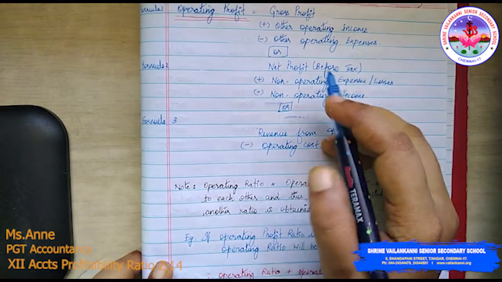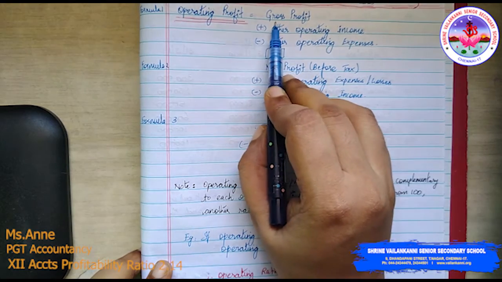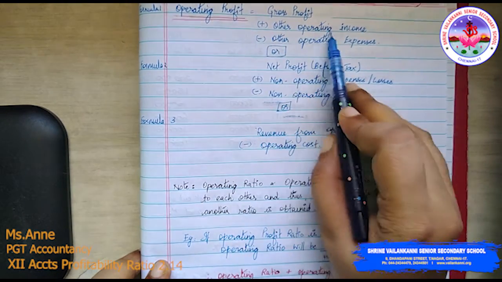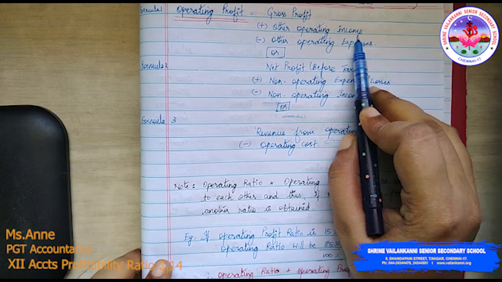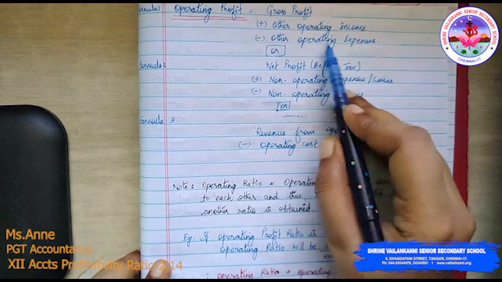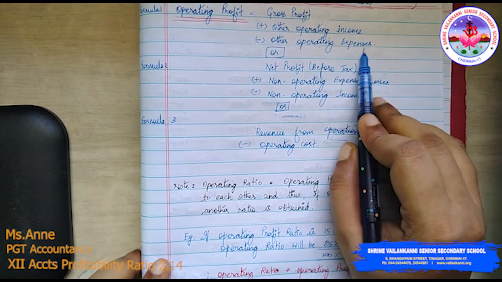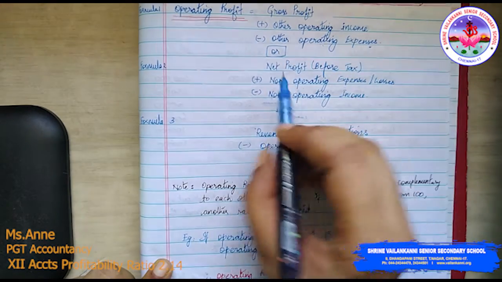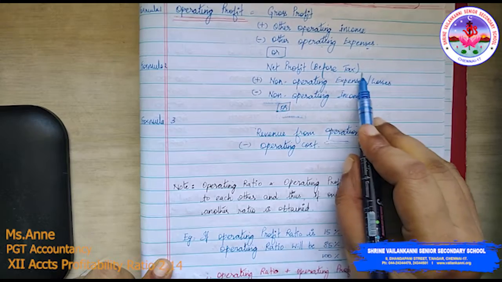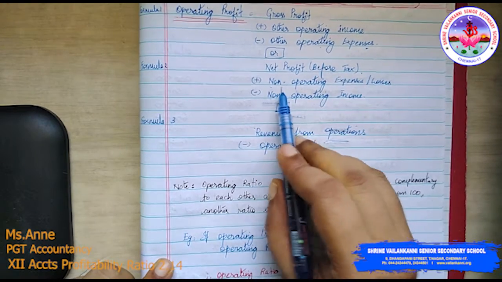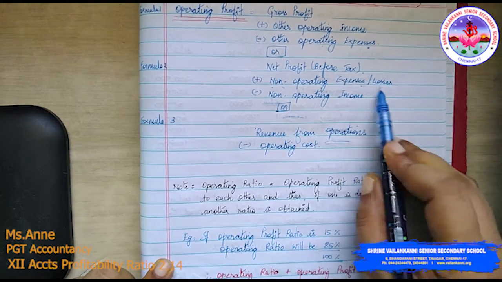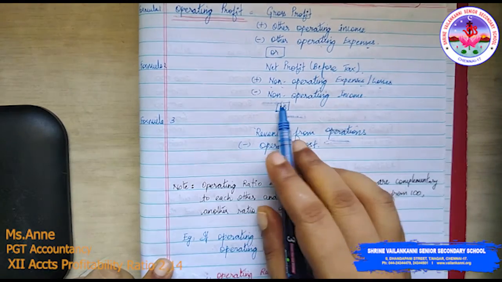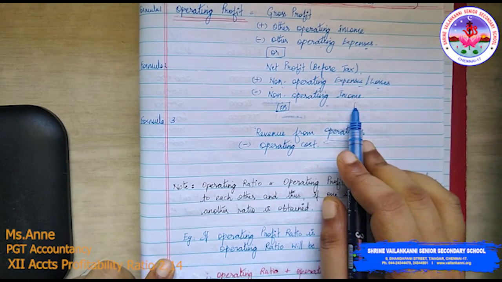Operating profit is nothing but gross profit plus other operating income minus other operating expenses. Or you can use this formula: net profit before tax, add non-operating expenses or losses, less non-operating income.